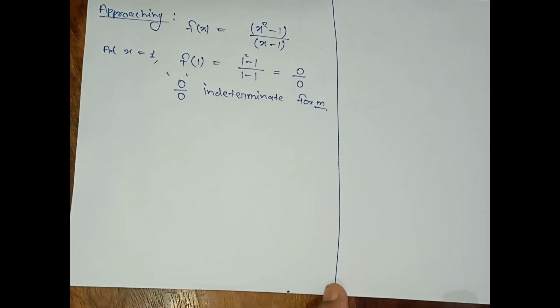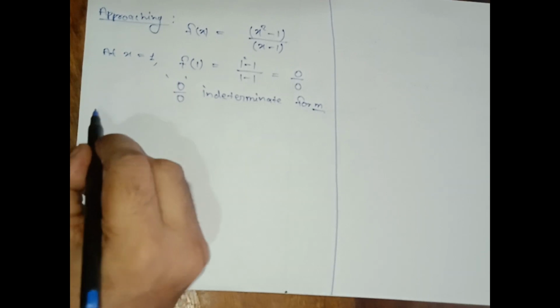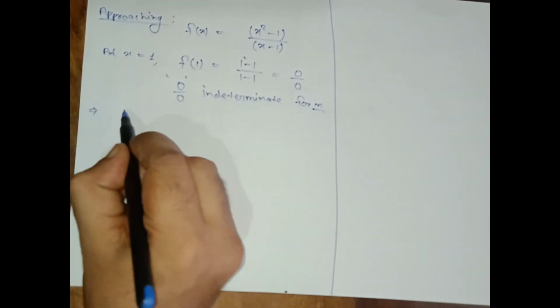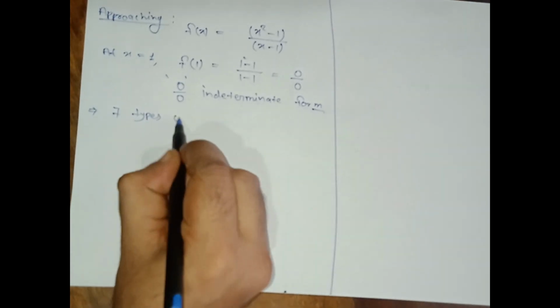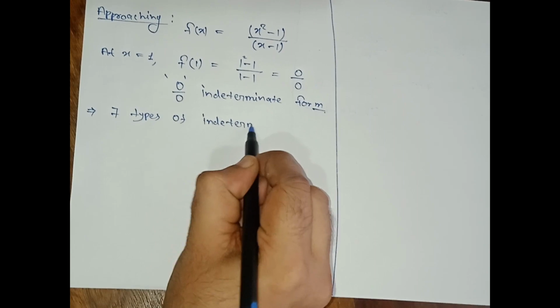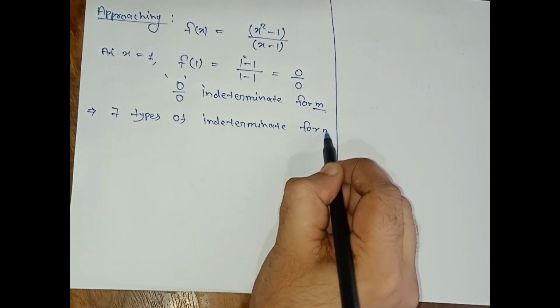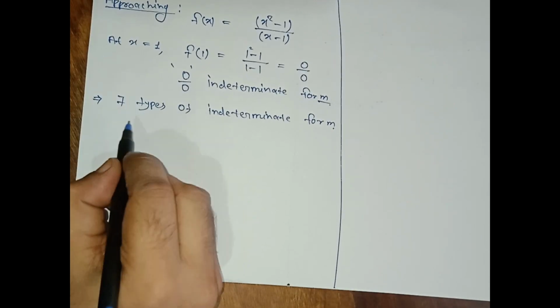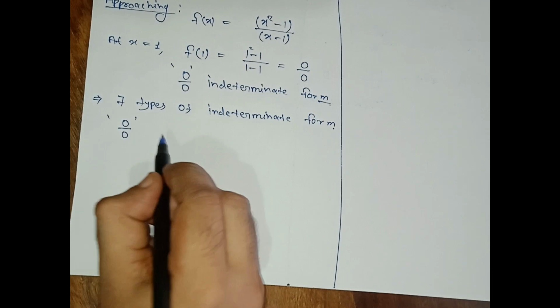If you see, there are 7 types of indeterminate form. Let me write it down, all 7 types of indeterminate form. Zero by zero, we just saw that 0 by 0.